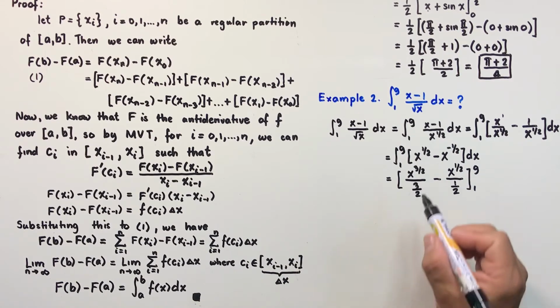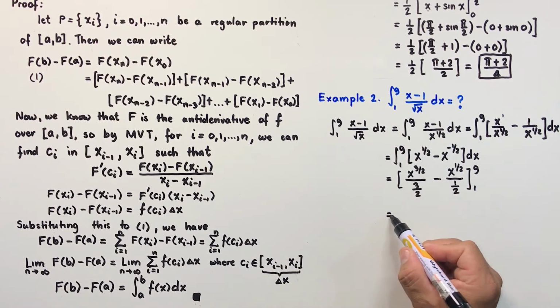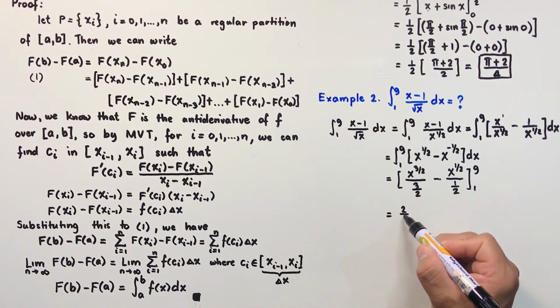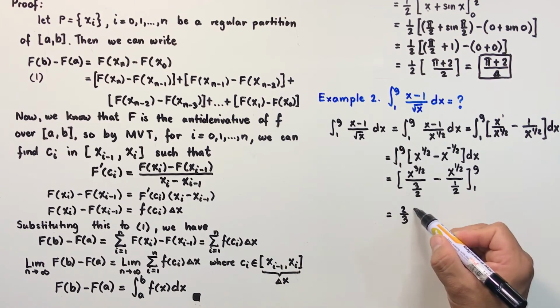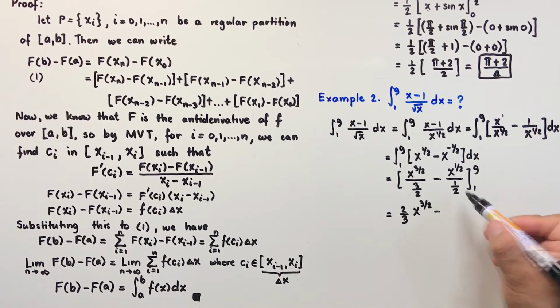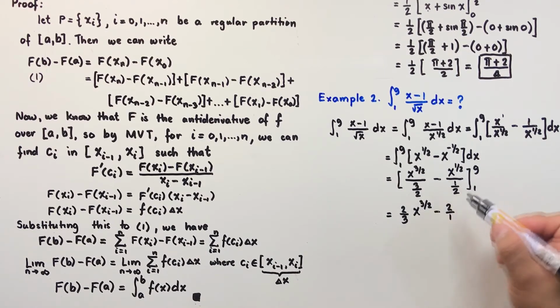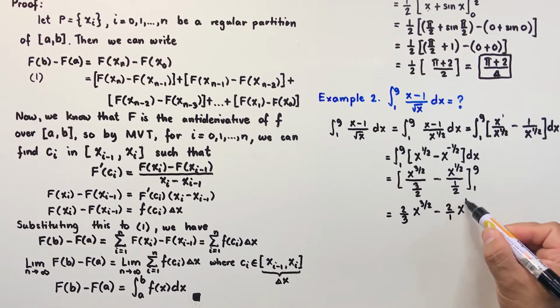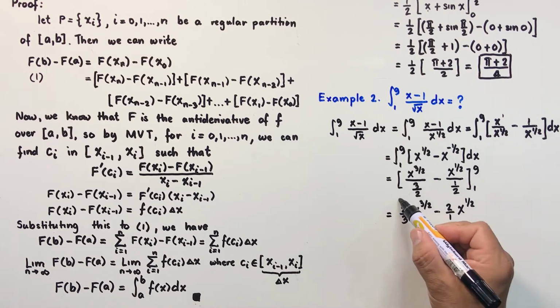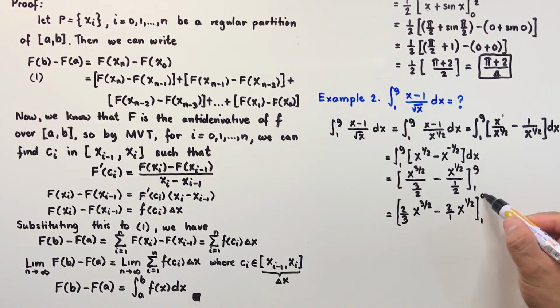So multiplying our numerator by the reciprocal of the denominator, we have 2/3 times x to the power 3/2. And this will be subtracted by 2 over 1, which is the reciprocal of 1/2, times x to the power 1/2. And this will be evaluated from 1 to 9.